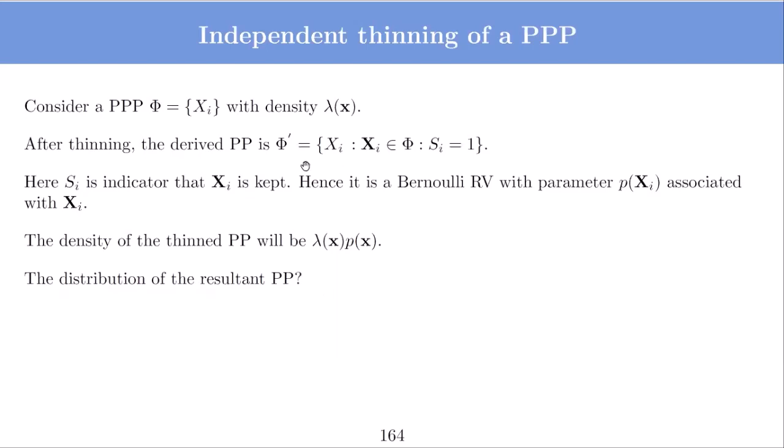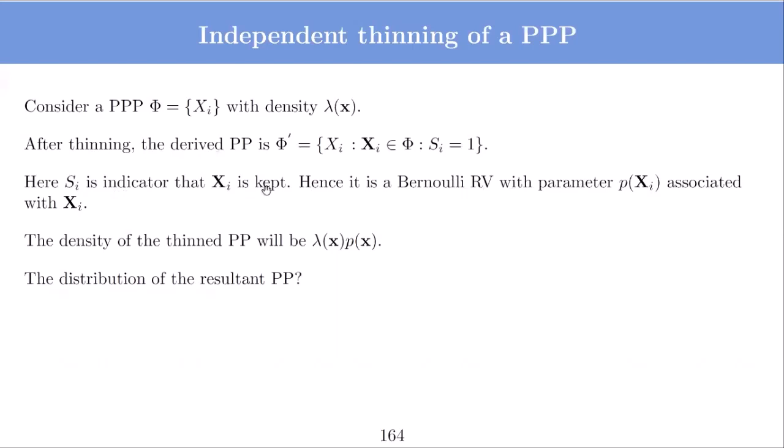So the new point process can also be written in terms of the old point process in the following way. It has all the X_i such that X_i belongs to phi and corresponding S_i is 1. So if we assume independent thinning, then the thinning of each point is independent of the others. So this indicator S_i can take value 1 and 0, so this is a Bernoulli random variable.